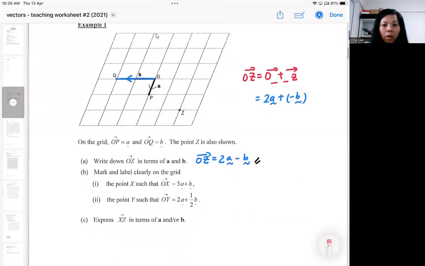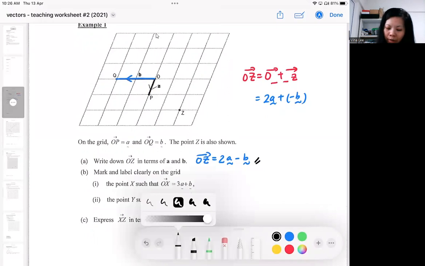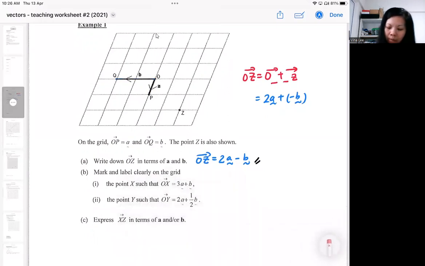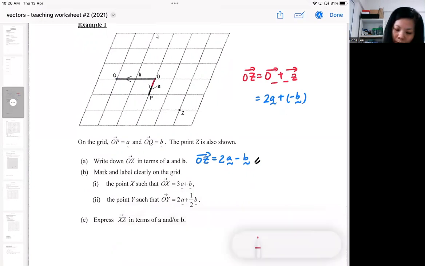Then the next one, you are supposed to mark the point. You can do the working first, and later on you need to erase the working. So OX is 3A plus B. That means you take a journey of 3A. Where exactly is 3A? 1, 2, 3.